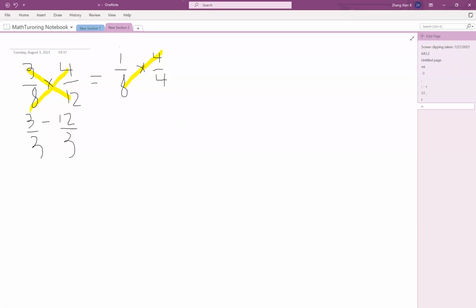What numbers can I divide 4 and 8 by? A common factor. 4 and 8. What's the number to divide by? Divide by 2. So we get 2 and 4. And then what could we divide these two numbers by?